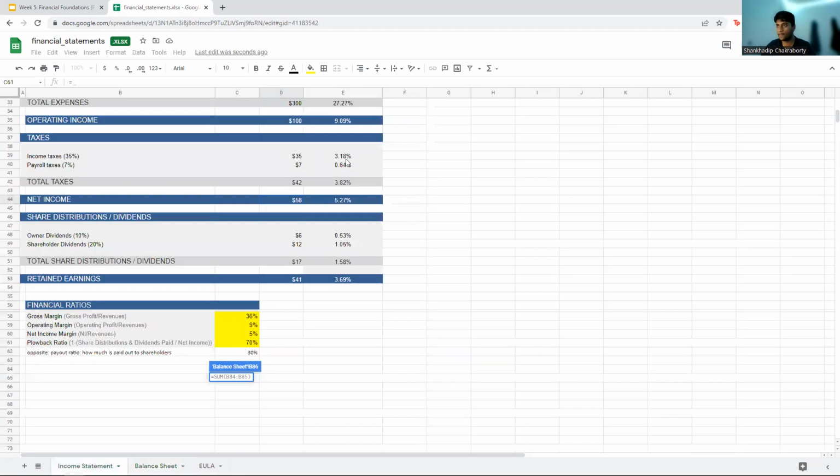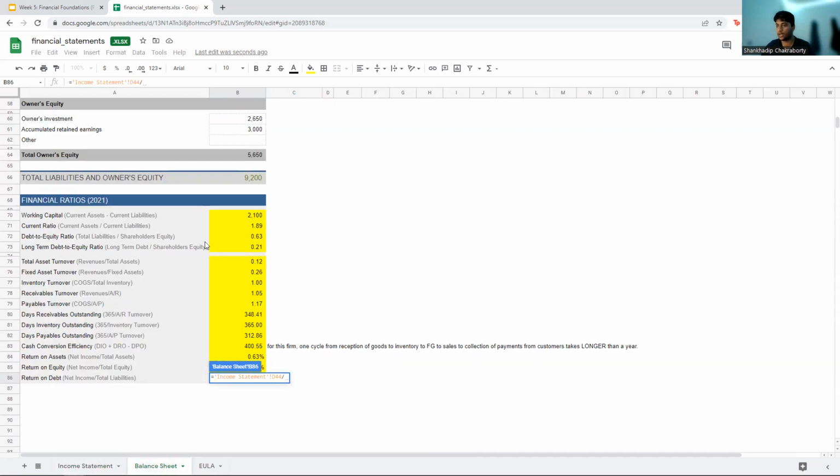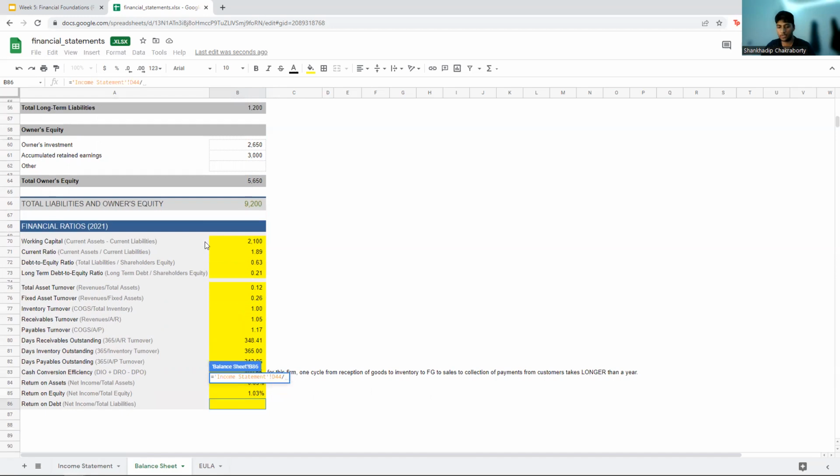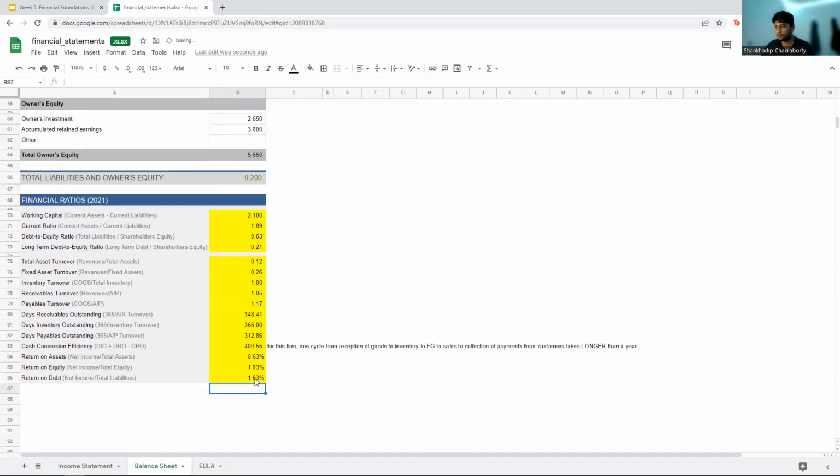And finally, net income over liabilities is going to be your return on debt. And for liabilities, we kind of need to do the same thing. We're going to do total liabilities and equity minus equity. And we get 1.63. And so what we see here is that the return on debt is the highest.